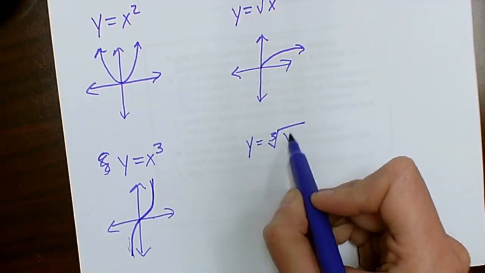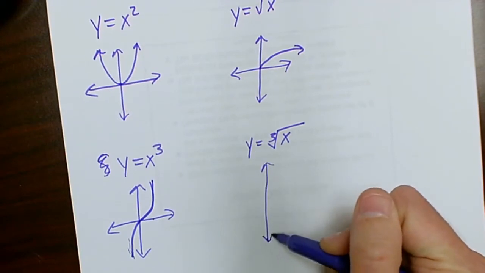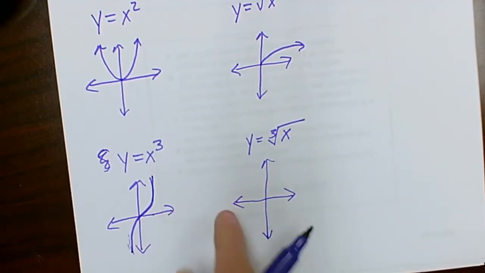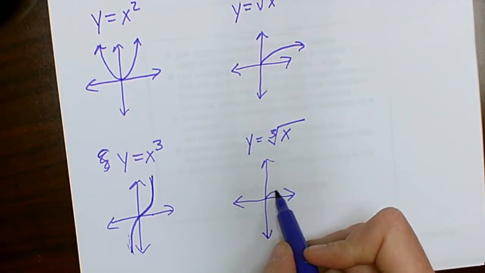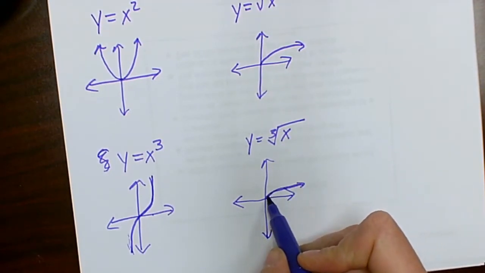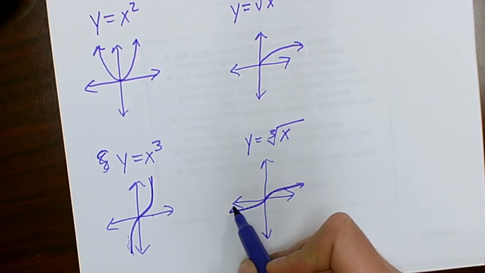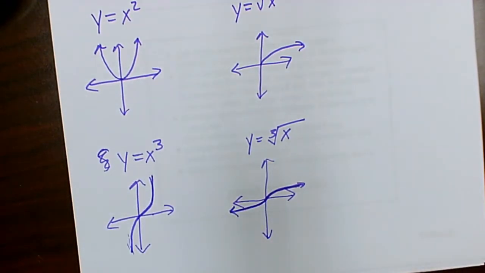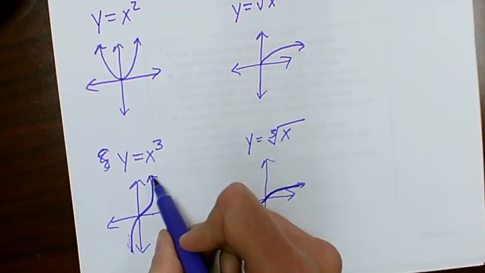The cube root of x would be similar to the x to the third. These are inverses, except it's going to be laying on its side. The funky S curve, if you would, but to the side.